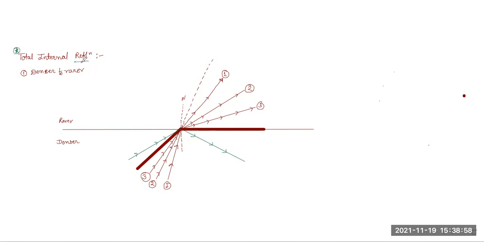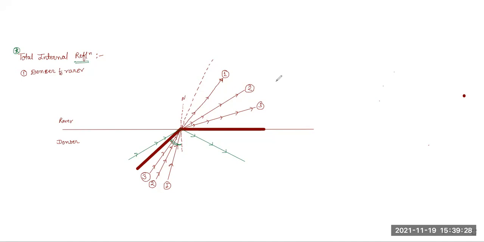Are we receiving reflection here? So yes, it is reflection. Is the surface reflecting? No, the surface is a refracting surface. Even if the surface was refracting, still we could manage to have reflection, and that was possible when we maintained some minimum angle of incidence.